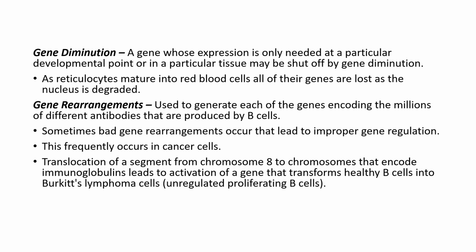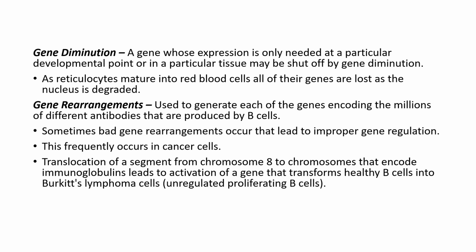Then we have gene diminution, where a gene whose expression is only needed at a particular developmental point or in a particular tissue may be shut off by gene diminution. So, whenever a cell wants a gene to be expressed only for a particular duration, the cell can always deactivate the gene once the job is done.